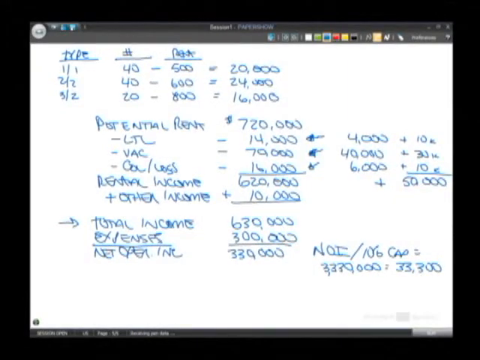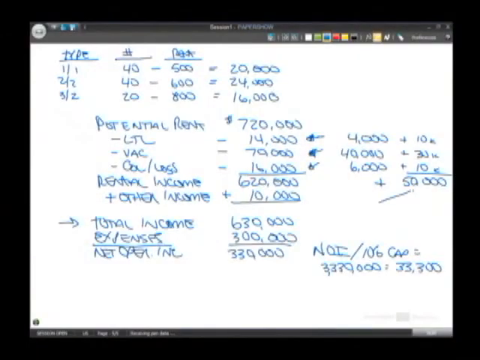Now remember, that $50,000 will increase our net operating income by that amount because our expenses don't go up just because we are operating the property more efficiently. Well, now that income is $380,000, which gives us a value at a 10 cap of $3,800,000.